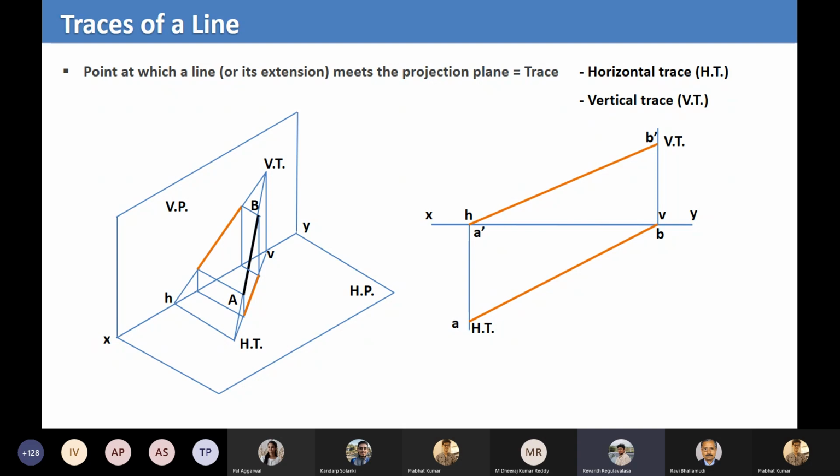So these 2 points are called the horizontal trace and vertical trace, HT and VT respectively. In 3D, we just extend the original line AB and we obtain HT and VT.